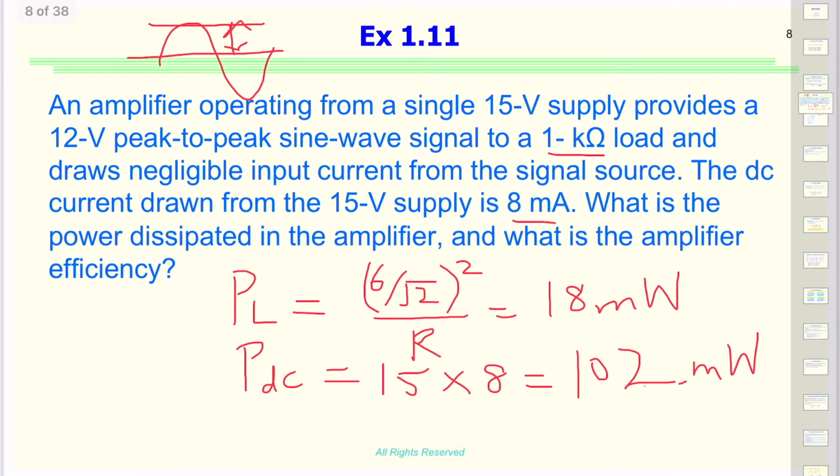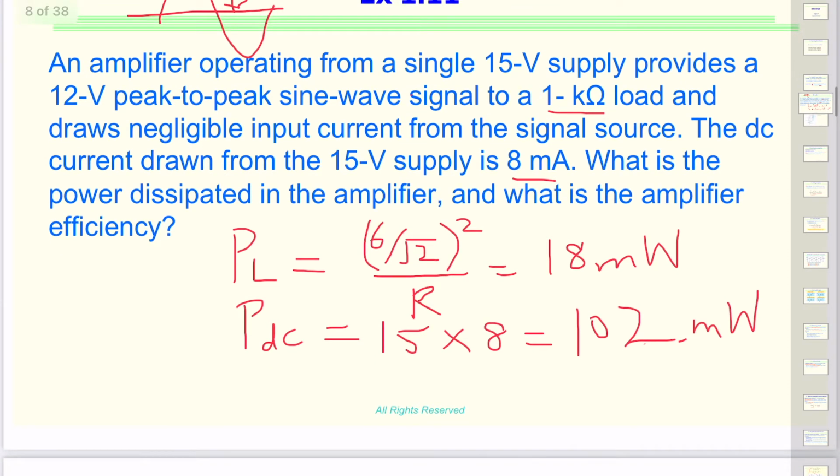Now, the question further says, what is the power dissipated in the amplifier? So we know the input is 120, but the load is getting only 18 milliwatts. So the difference is what is being wasted.